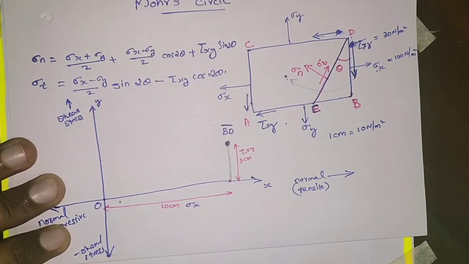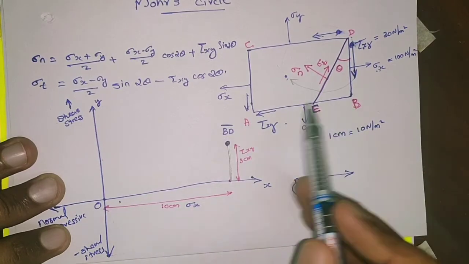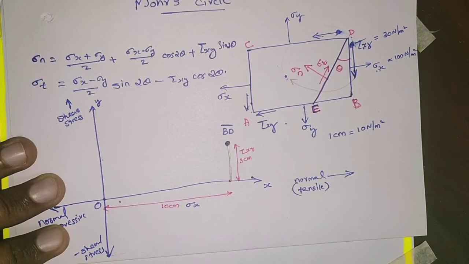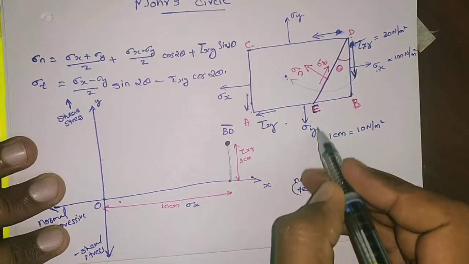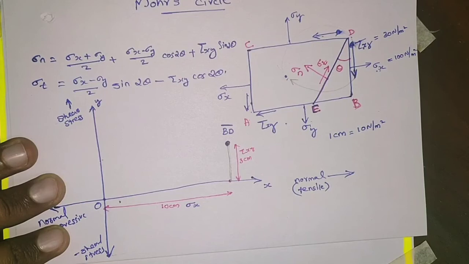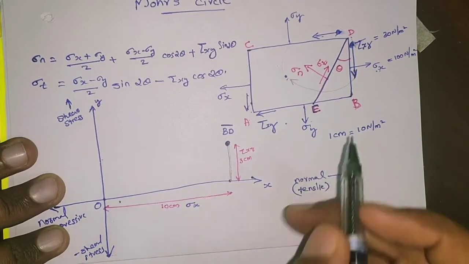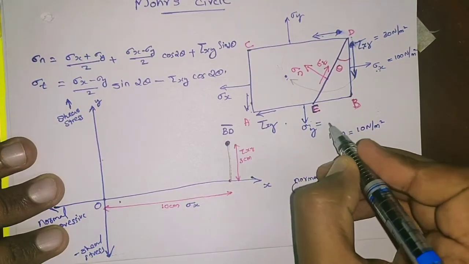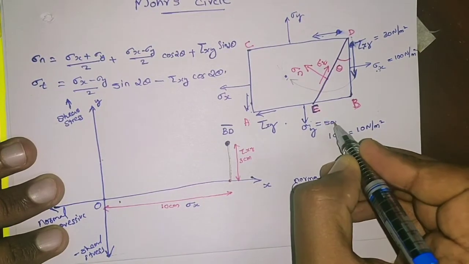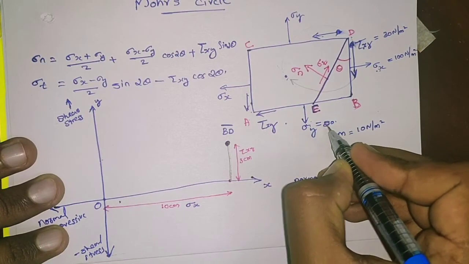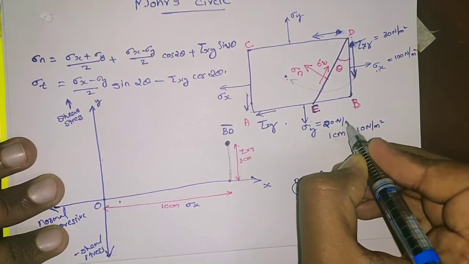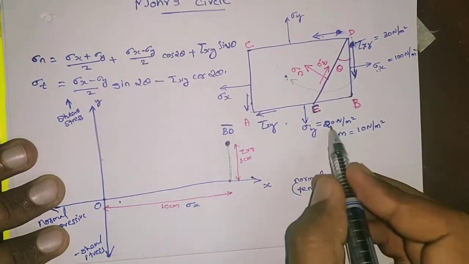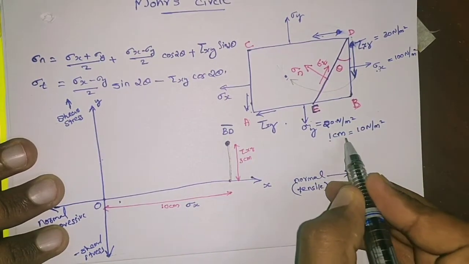Similarly, I am going to represent the BA plane. In the BA plane, we have sigma y. Sigma y is also a tensile one. For example, sigma y value is equal to 20 Newton per meter square. 20 Newton per meter square is equivalent to 2 centimeter.